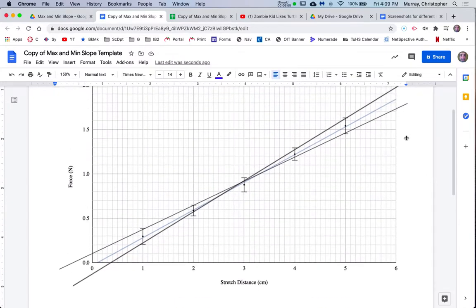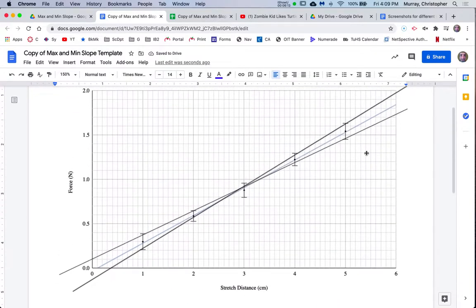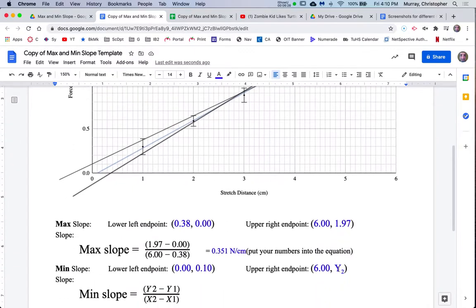So that's 6 over. And then how far up is that? That is 1.5, 1.6, 1.7. I'm going to say 1.73.